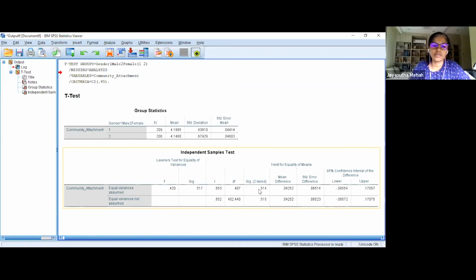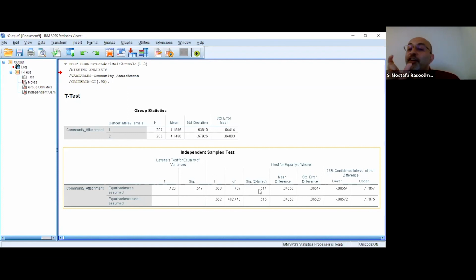Therefore, there is no significant difference between the genders. Exactly. So the p-value is higher than 0.05 and t is lower than 1.96. It means the difference between male and female for community attachment is not significant, right? So the alternative hypothesis cannot be supported by this result.